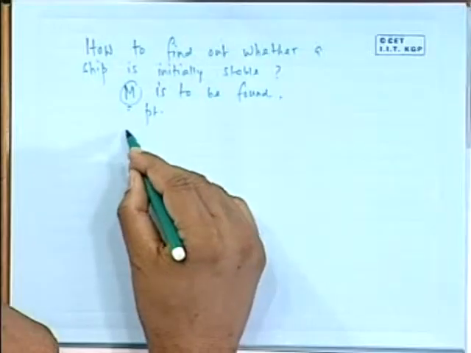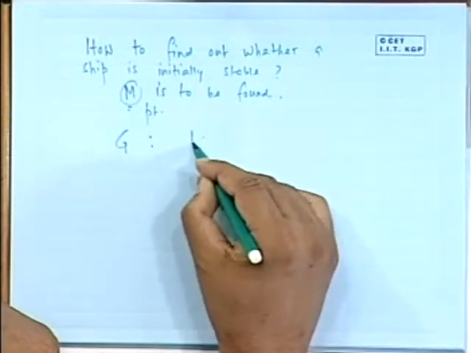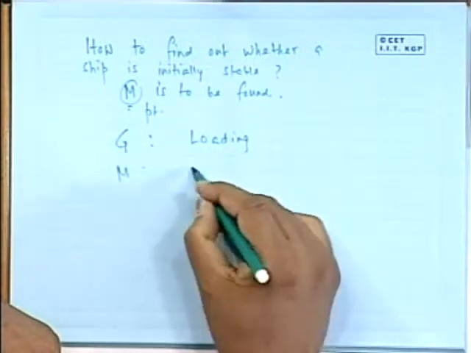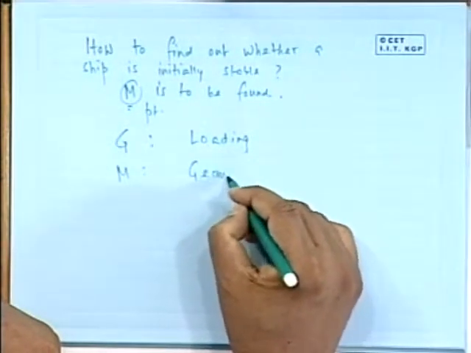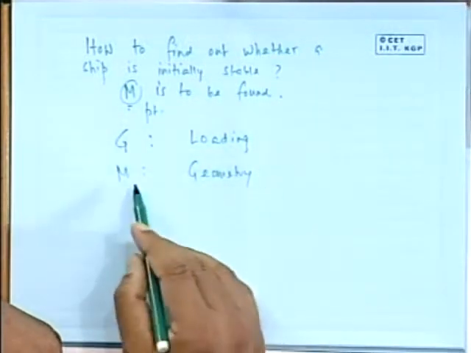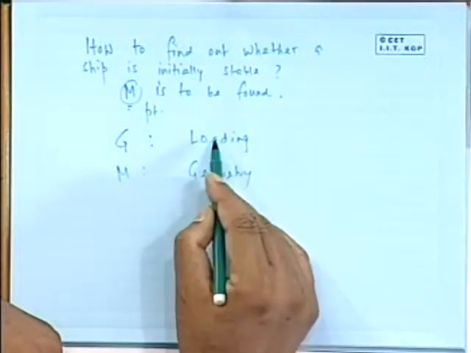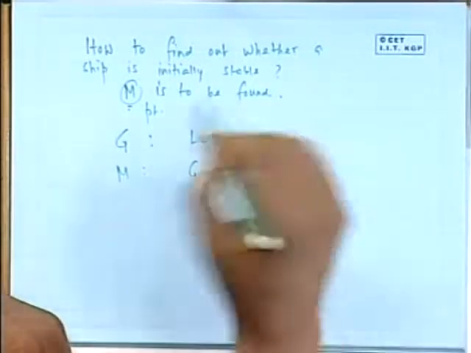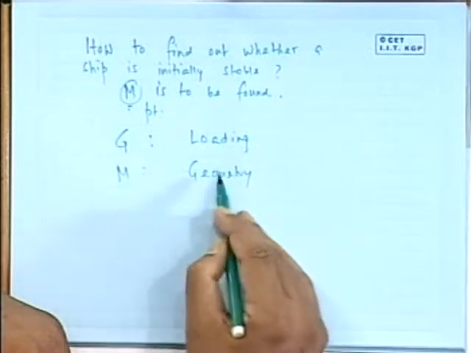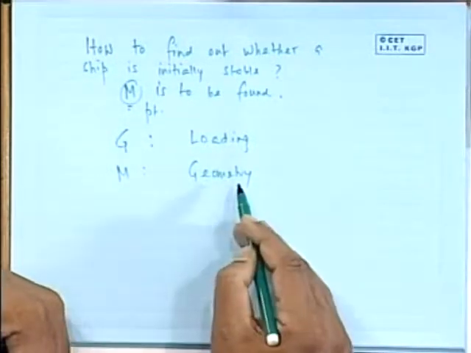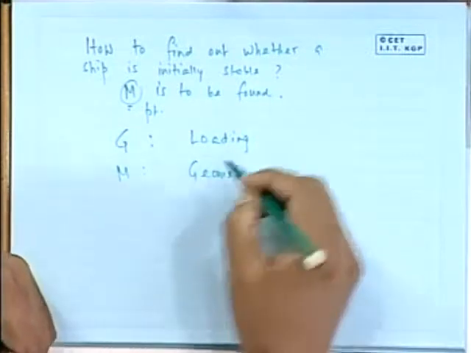We must remember that G depends on loading. M will depend on geometry. These two are independent things. For a hull at a draft, M is fixed, but for the same hull you can have different loadings. On the other hand, if you change the total weight or the orientation, M may change. So it's a question of two different things.